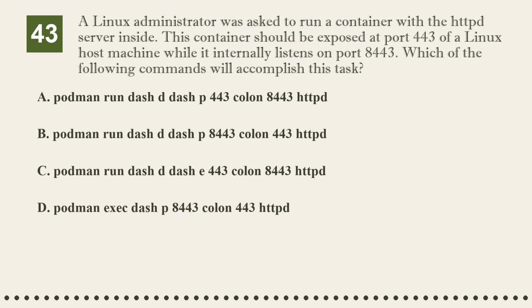Option A, podman run -d -p 443:8443 httpd. Option B, podman run -d -p 8443:443 httpd. Option C, podman run -d -e 443:8443 httpd. Option D, podman exec -p 8443:443 httpd.